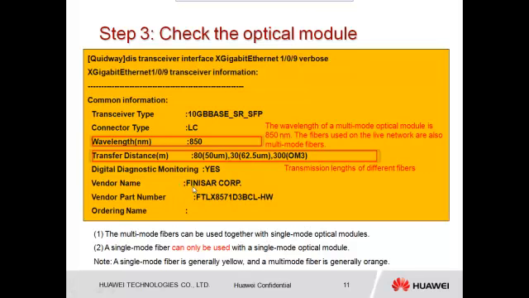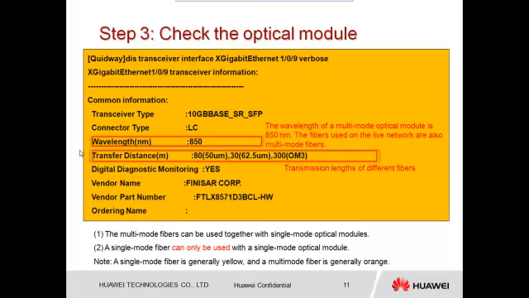And here we should know two things. First, multi-mode fibers can be used together with single-mode optical modules. But a single-mode fiber can only be used with a single-mode optical module. And how do we distinguish them?